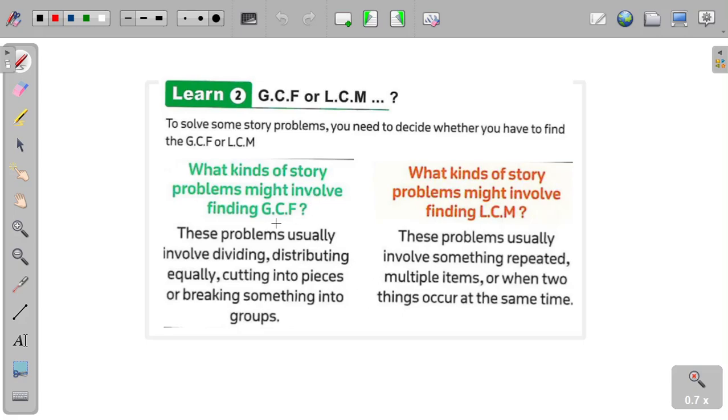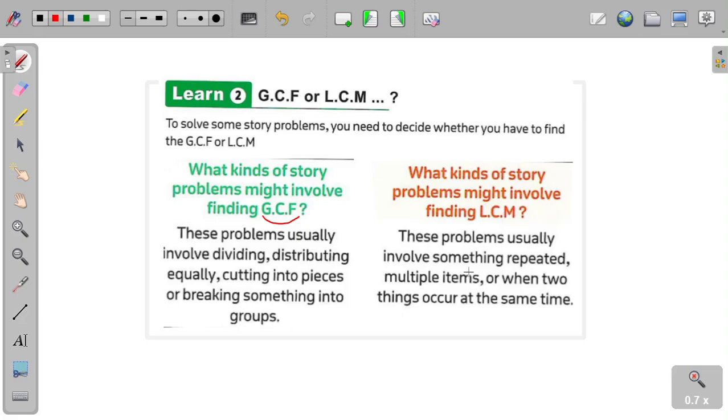If I have a story problem that involves dividing, distributing, or cutting it into pieces, or breaking something in groups, we will use the greatest common factor.